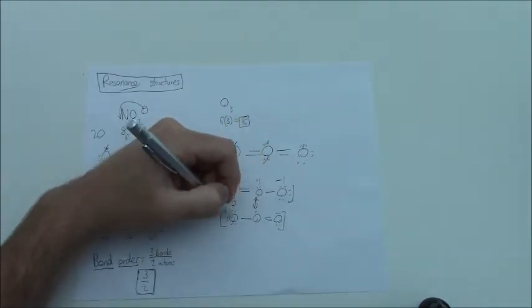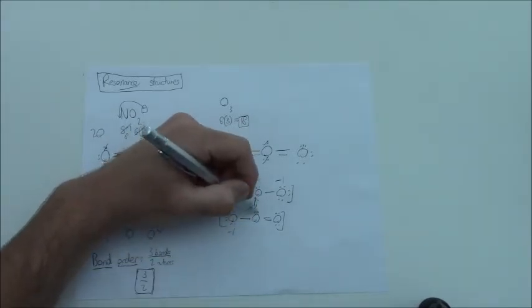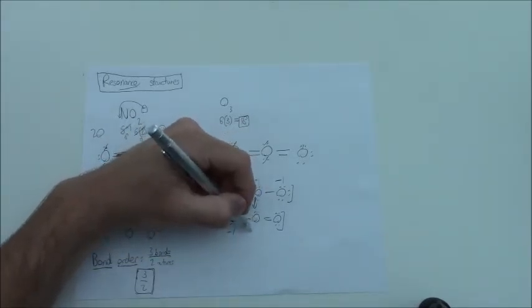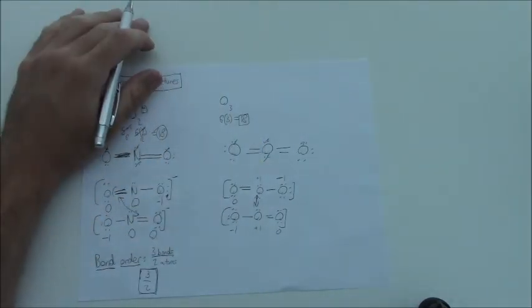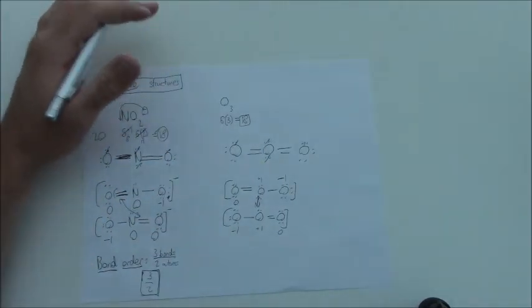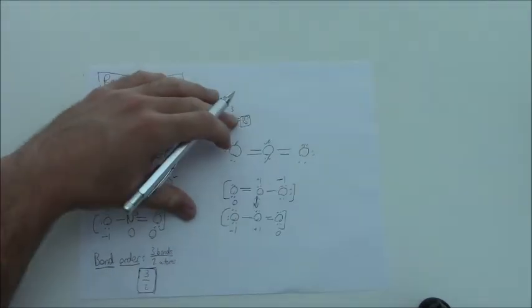Same principle here, we have 6 minus 7, 1, 2, 3, 4, 5, 6, 7, give us negative 1. 1, 2, 3, 4, 5, 6 minus 5 will give us positive 1, and this will give us 0. They're equivalent, they're equal, they're both pretty unfavorable, but they're equally favorable in terms of formal charge.